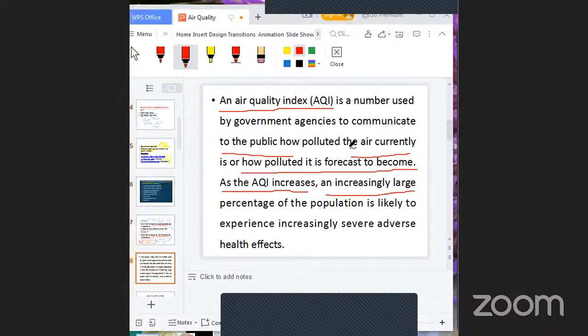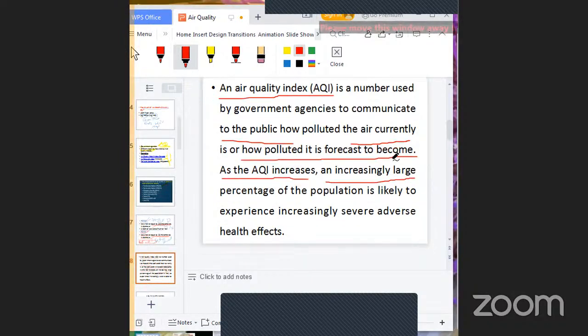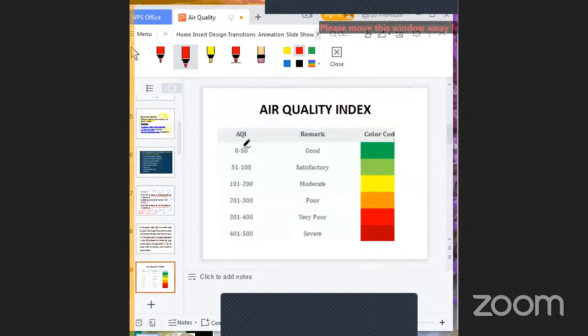This categorization is based on 6 categories, right? These 6, 1, 2, 3, 4, 5, 6. It depends upon the numerical value.